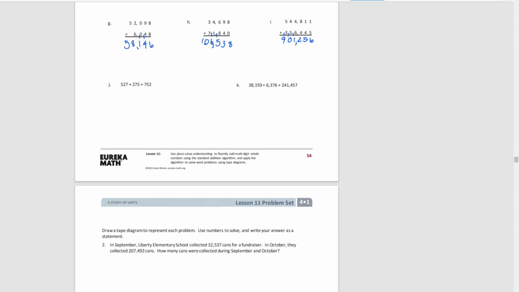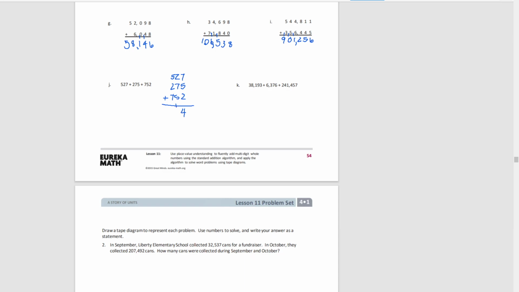Okay, for J, we're gonna write the numbers vertically, and this time we're adding together 3 numbers. So we have 7 plus 5 is 12, plus 2 more is 14 ones.